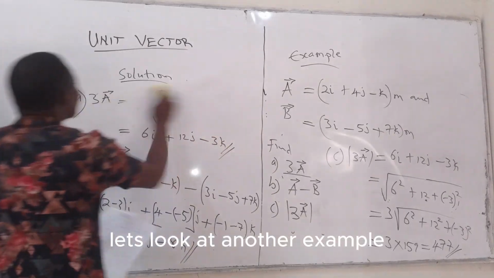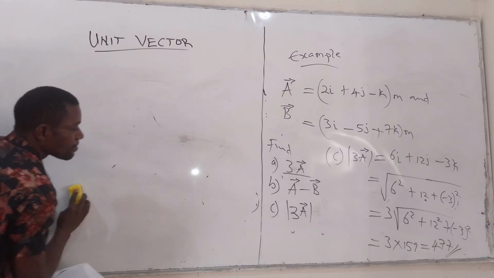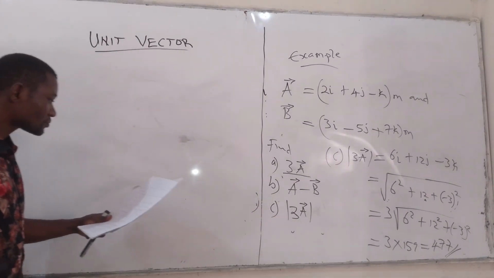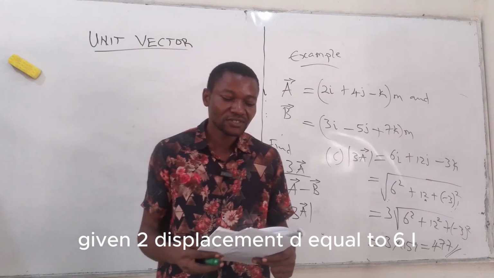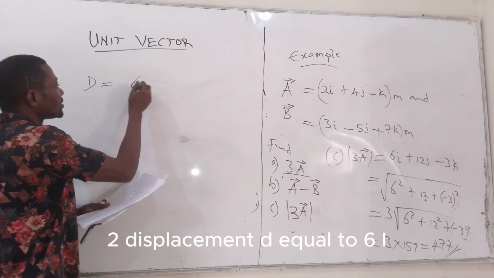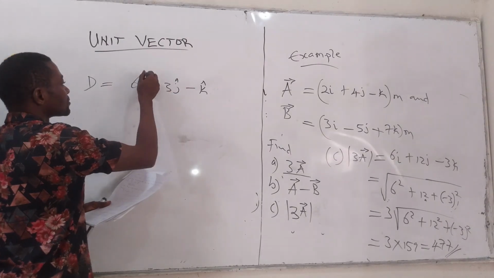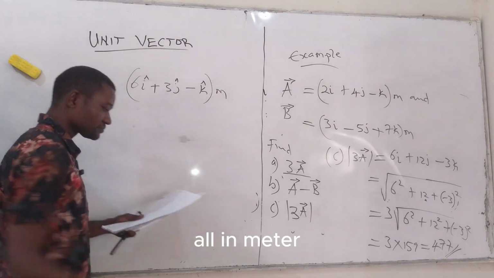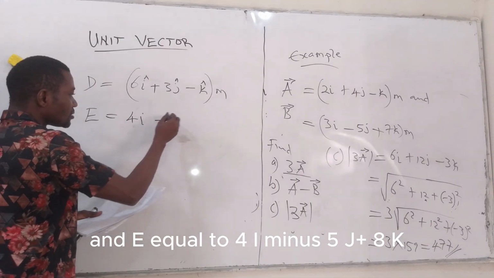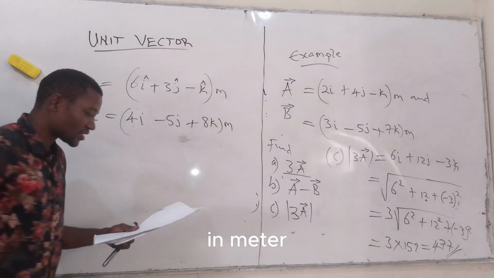Let's look at another example. Given two displacements, d equal to 6i plus 3j minus k, all in meter, and E equal to 4i minus 5j plus 8k, in meter.